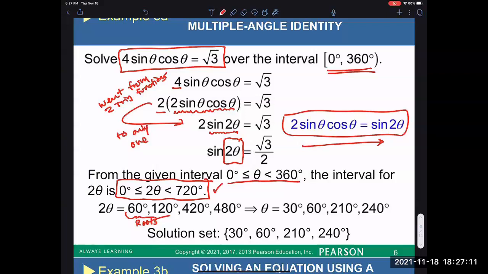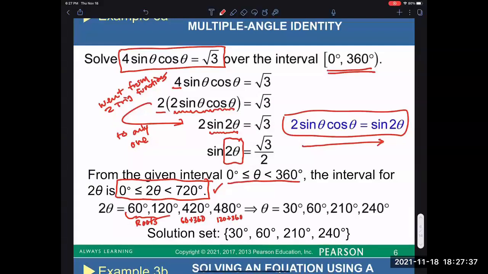They're not everything that's in there. To get the ones that are more than 360, we add 360 to each of those. The 420 degrees here, they got by taking the 60 and adding 360 to go around the circle again to the same angle. And to get the 480, they took the 120 root solution and added 360.